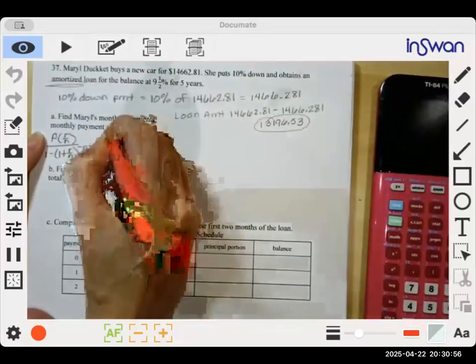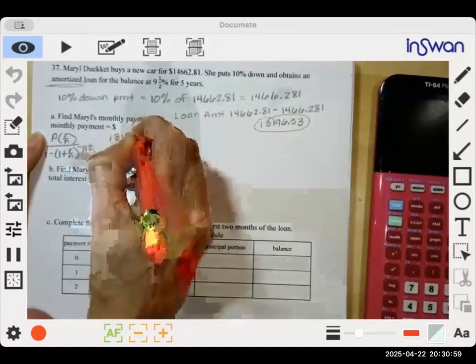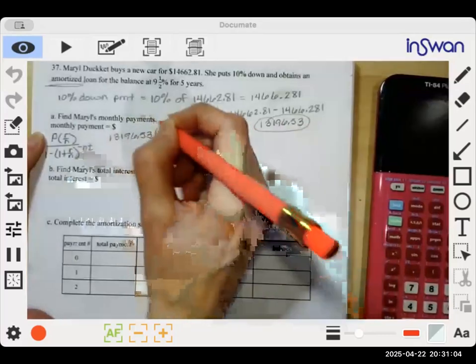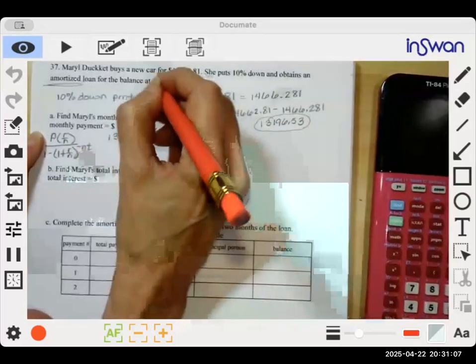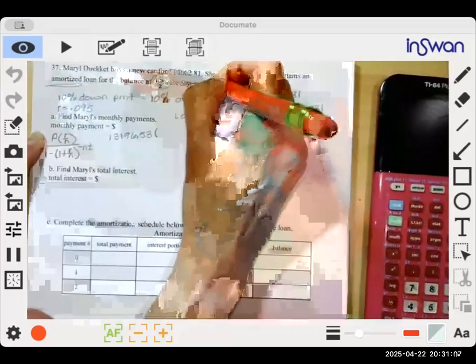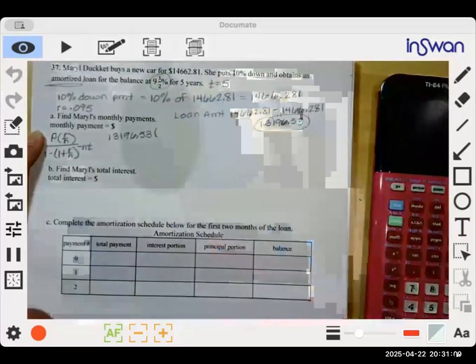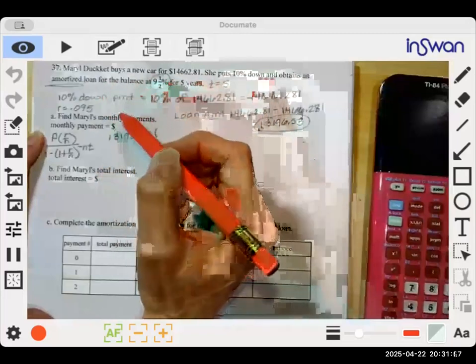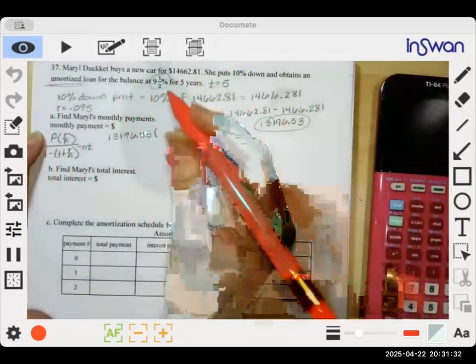Principal times our rate, 0.095. And our time is 5 years. And it doesn't even say how often it's compounded, but because it's a loan and we know we're making monthly payments, you know it's 12.